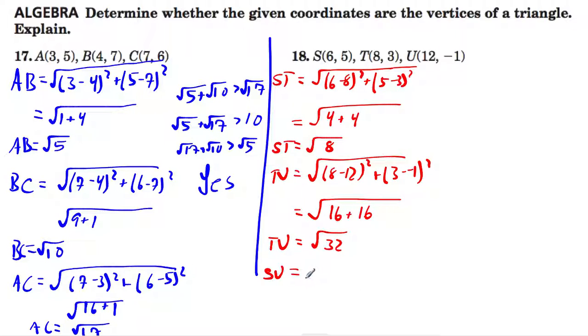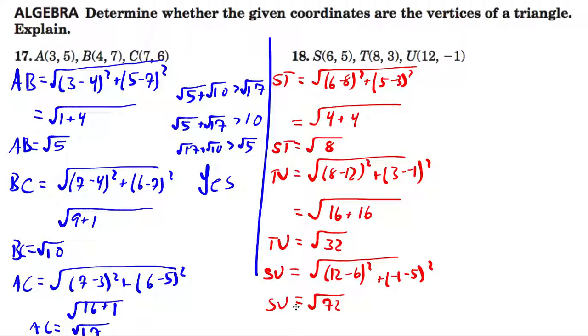I'm not reducing these, but that's fine. I'm just going to get decimal approximations anyway. And then SU is 12 minus 6 squared plus negative 1 minus 5 squared. So this is 6 squared, which is 36, plus negative 6 squared, so square root of 72. Now that's pretty big.